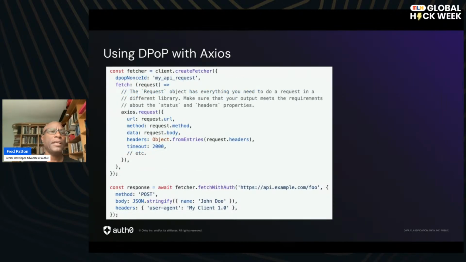Here's a look at it using Axios, since many of us would be familiar with that. And so it's almost the same thing. You're putting in your handler and everything looks as before, but here again we see the fetch with auth where it allows you to basically let the system handle the key pairs for each request.